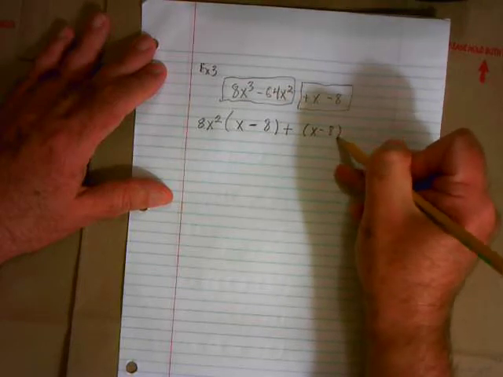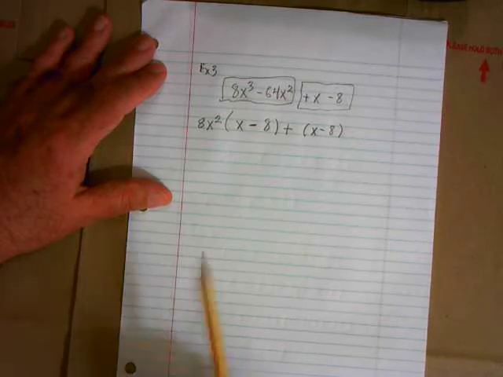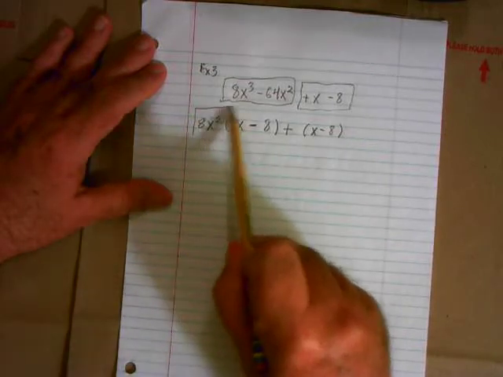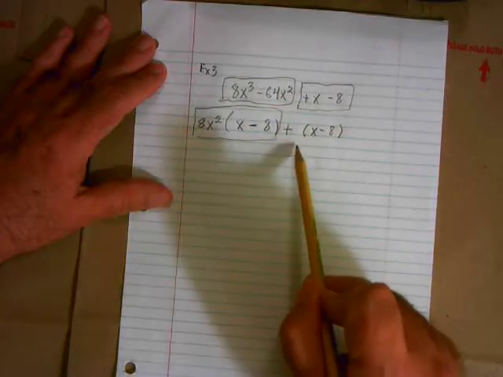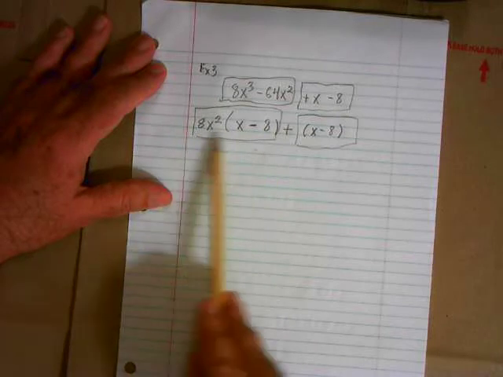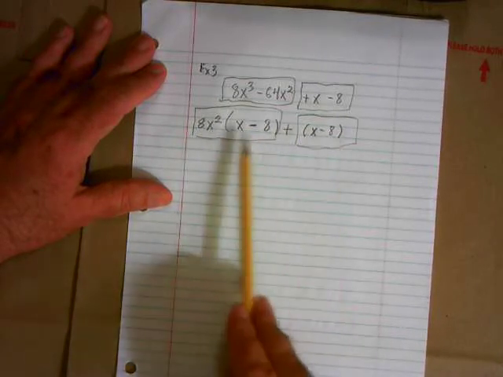We certainly can't factor anything out. Now, here's a subtle piece. If we look at this term, and we look at this term, you notice both of these have x minus 8. Got them both.